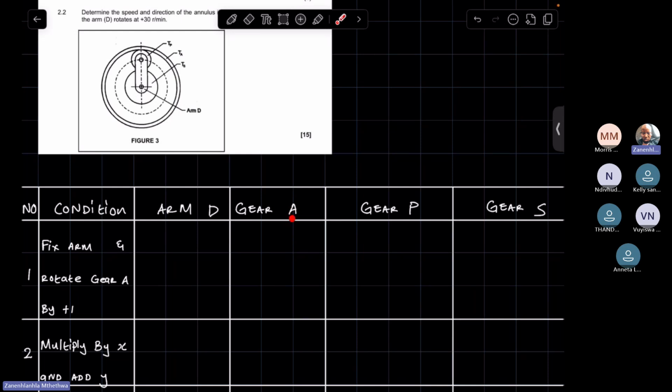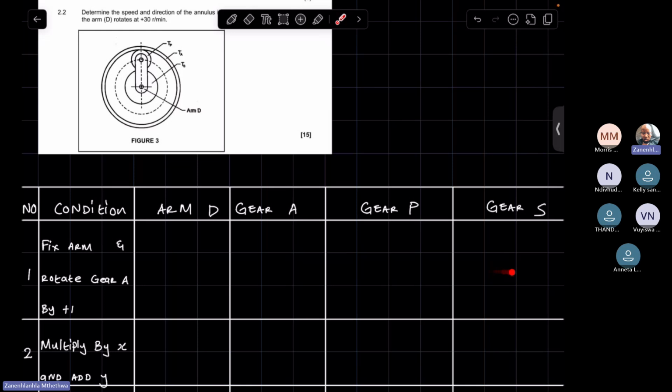This meshes with the planetary gear, hence that's the gear that follows. And this one meshes with the sun gear, hence that's the component that follows. The reason for that order is because of the guidelines that I'm going to give you to follow in completing the first condition. The guidelines I'm going to give you only apply for completing the first condition.